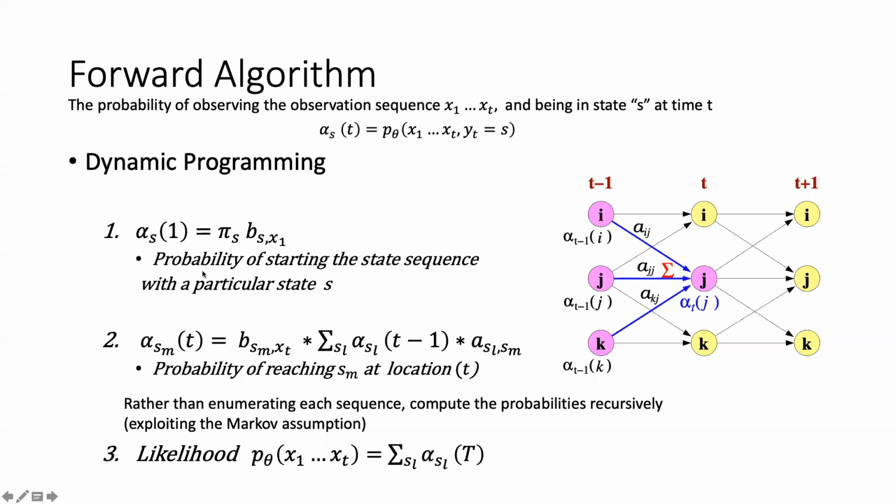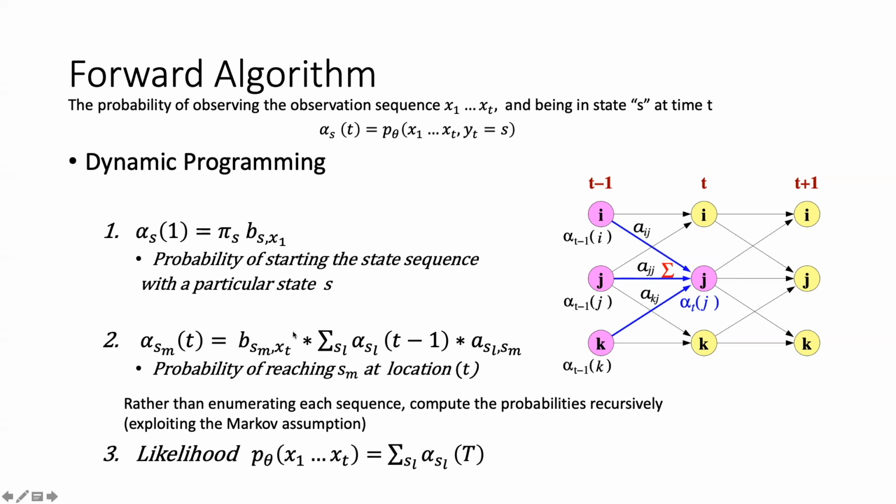Let's initialize the alphas in the first step: the probability of starting the state sequence with a particular state s is computed as the initial probability of being in that state s and emitting the symbol x1, that is, the probability of emitting the symbol x1 in the state s. This is similar to what we have seen in computing the inference problem using deltas.